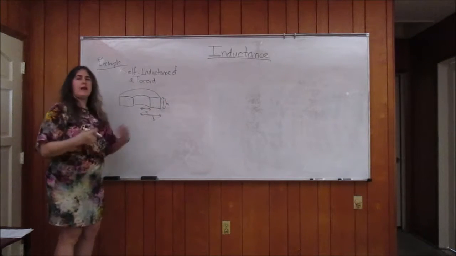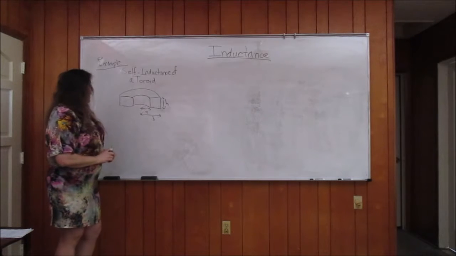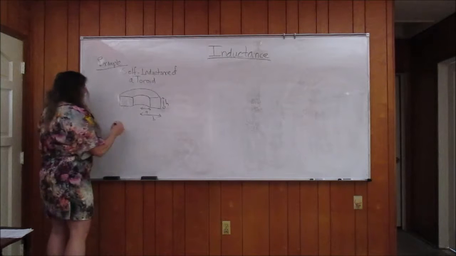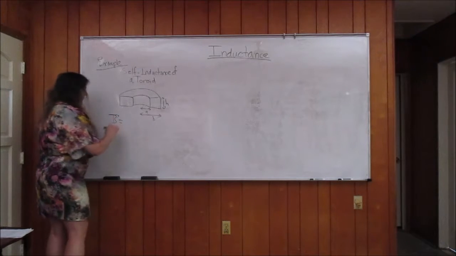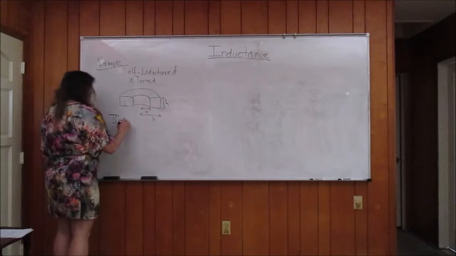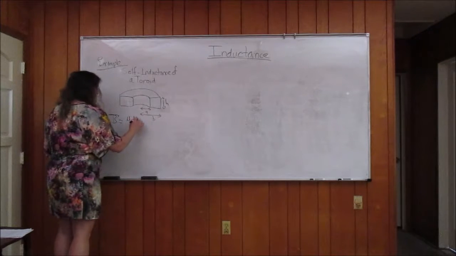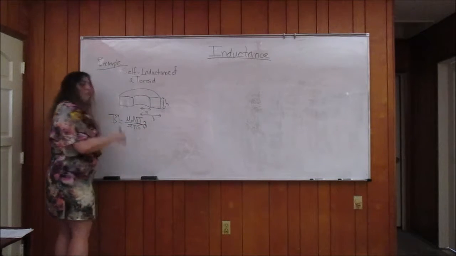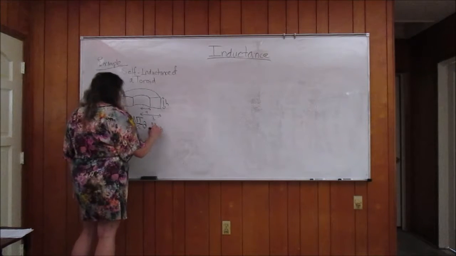Make the inner radius A, the outer radius B, and the height H. So the first order of business is to know what is the magnetic field. Well, we calculated this before using Ampere's law during an earlier lecture, and that's just equal to mu naught times N i over 2 pi s in a circumferential direction, where capital N is the number of turns.